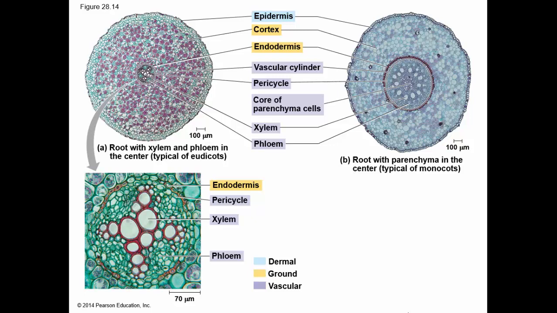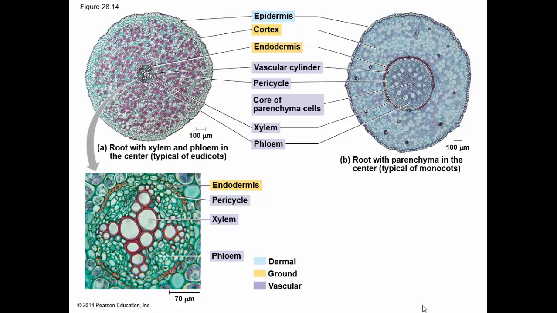We have an example here on the left of a typical eudicot root, and an example on the right of a typical monocot root. Although the exact arrangement of cells will depend upon the species, these two pictures show some generalizable similarities and differences between eudicots and monocots.